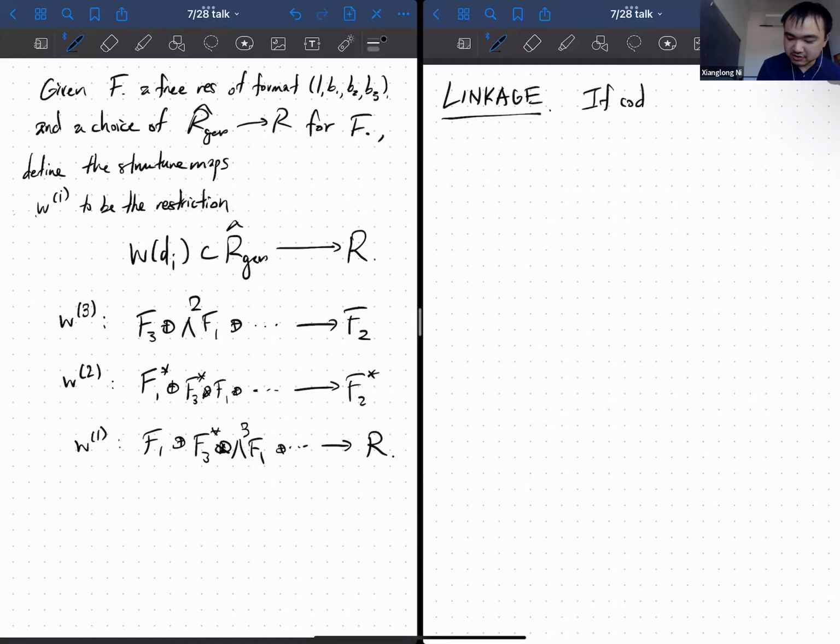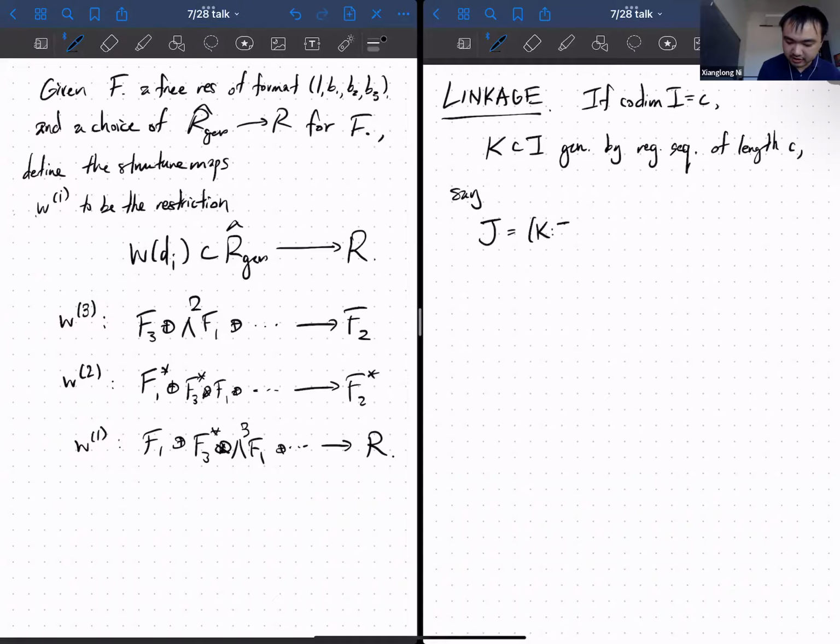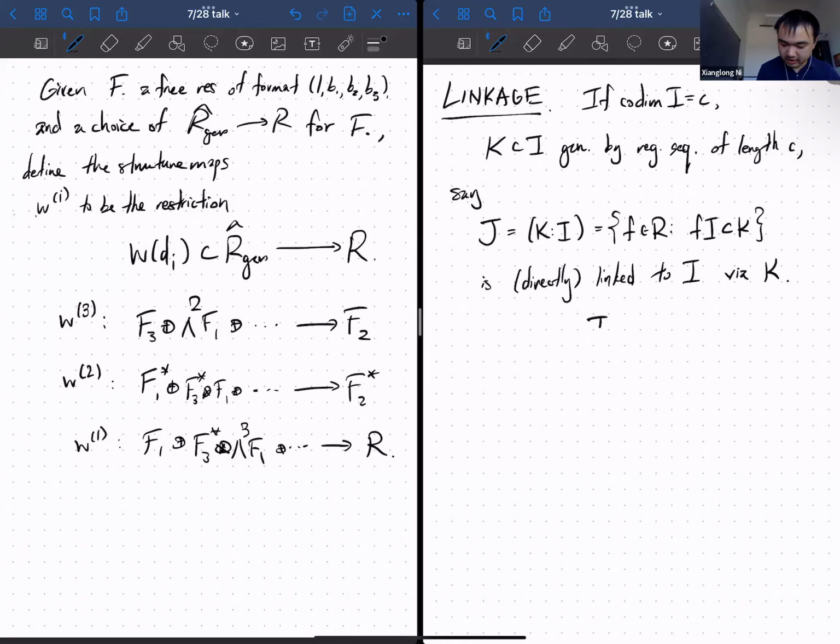If the codimension of I is c, and K is generated by a regular sequence of length c, then we say the colon ideal J, which is K colon I, which is by definition all f in R such that fI is contained in K, is linked or directly linked to I via K. We will write I tilde J, maybe with a K to emphasize this regular sequence K.